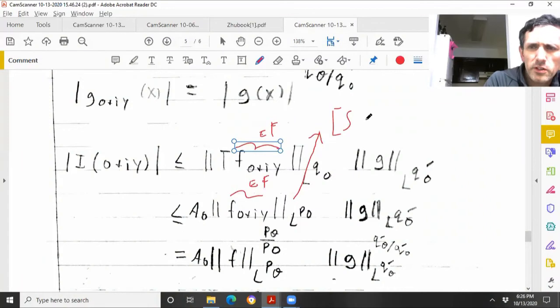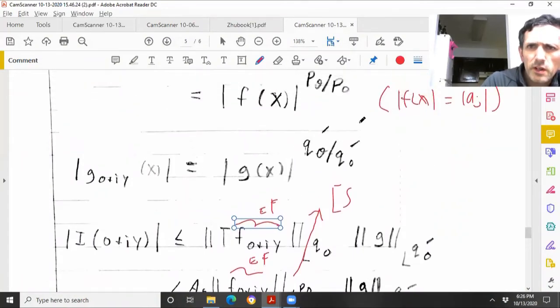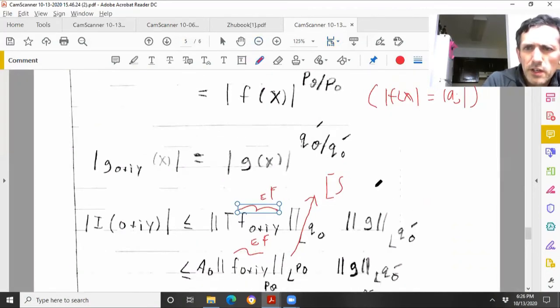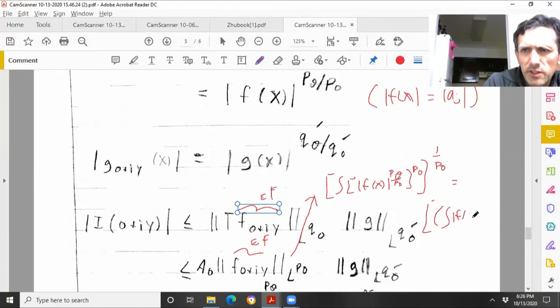So this is going to be the integral of f of x to the p theta over p0, raised to the p0, to the 1 over p0. Well, the p0s cancel. I don't have room for the dx here, but I'm running out of room. So this is p theta.